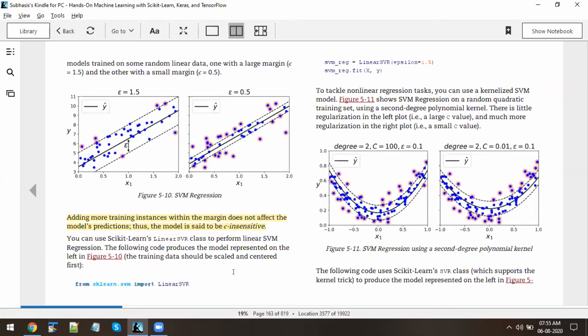So epsilon dictates the width of the street, while C, as Joseph was saying, dictates the penalty associated with a misclassification. But the definition I used to remember is that C is inverse. Typically, in a linear non-SVM case, you use alpha as the weighting parameter for your loss.